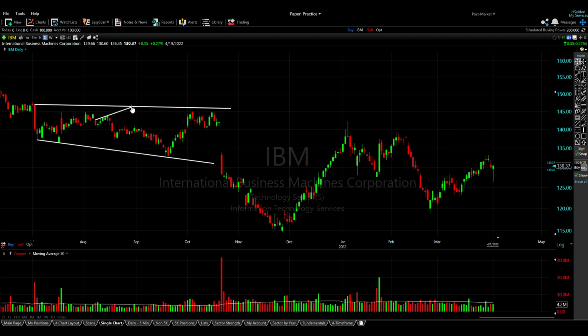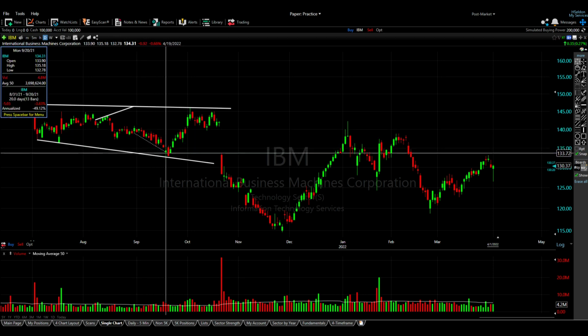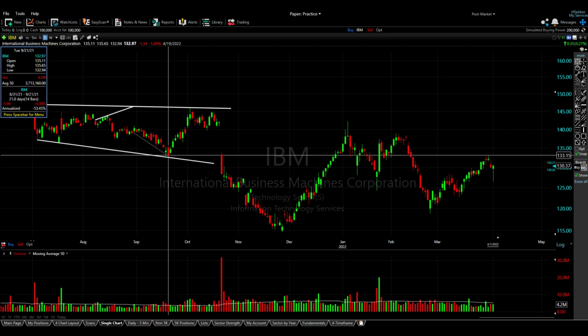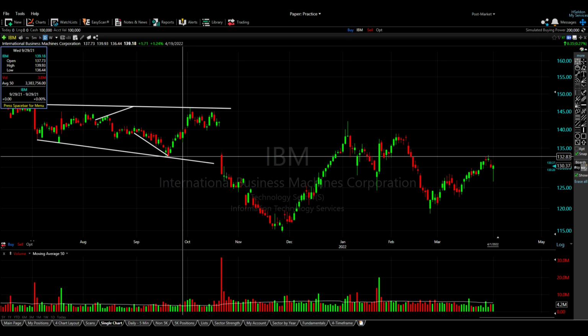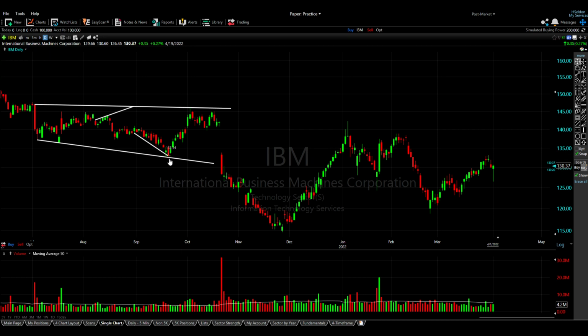There's your upper price point for IBM, 146.40. And then here, looking for your lower price point, so we go right down to here, right to there. Okay, and the lower price point on IBM would have been right onto that candle there, bring it down there.